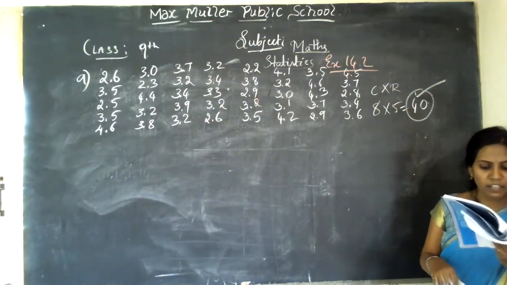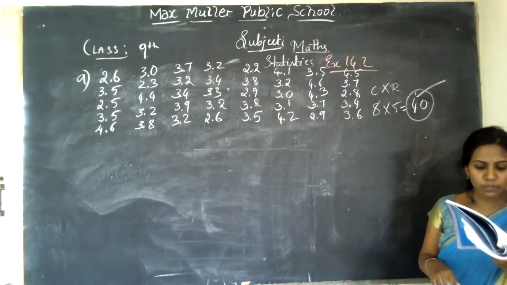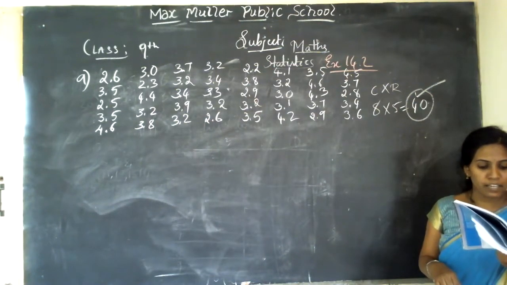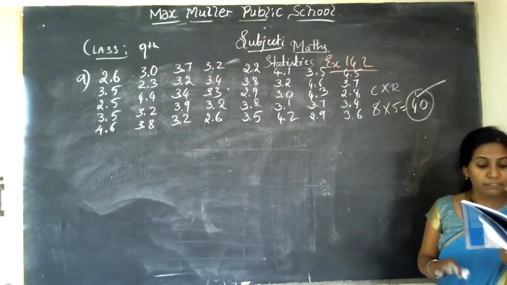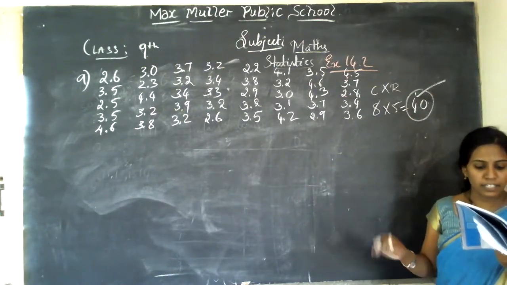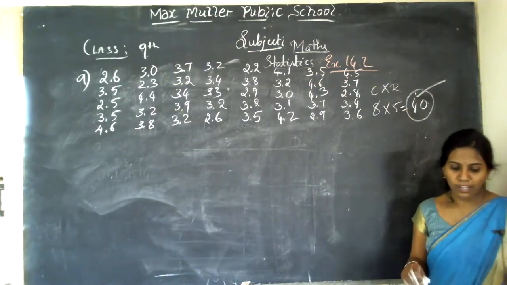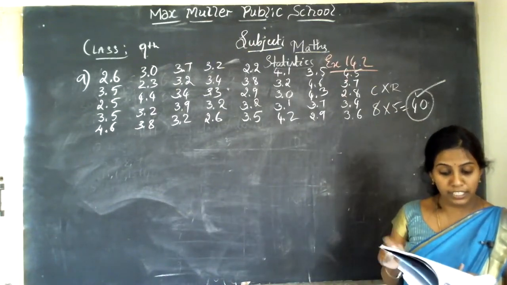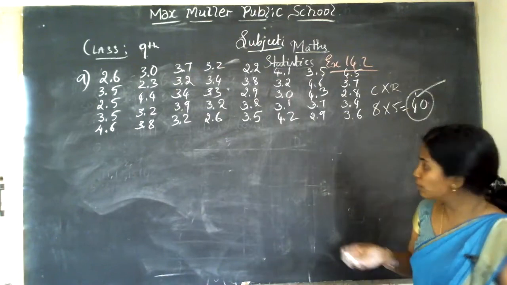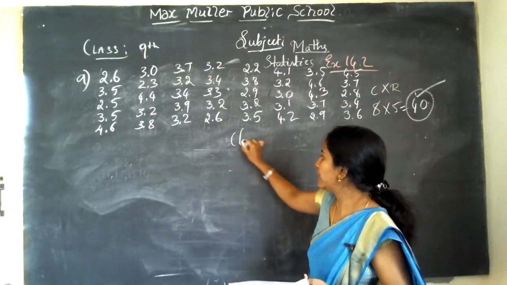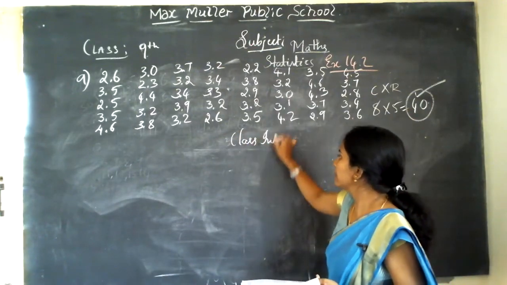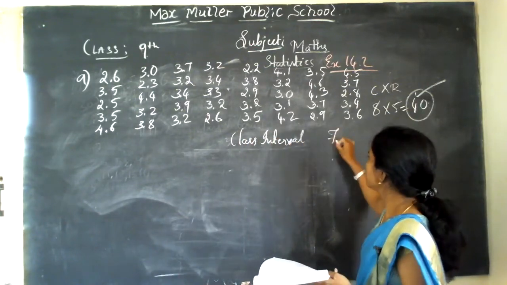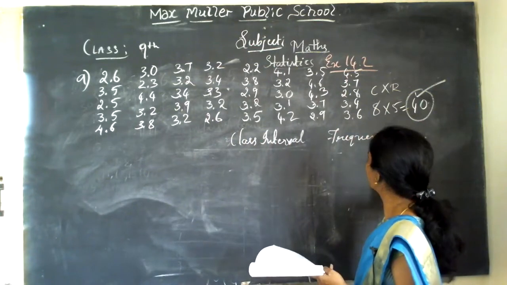So construct a grouped frequency distribution table for this data using class intervals of size 0.5 starting from the interval 2 to 2.5. They have given the starting interval. Let me write that table. Class interval, and frequency is what you need to maintain.